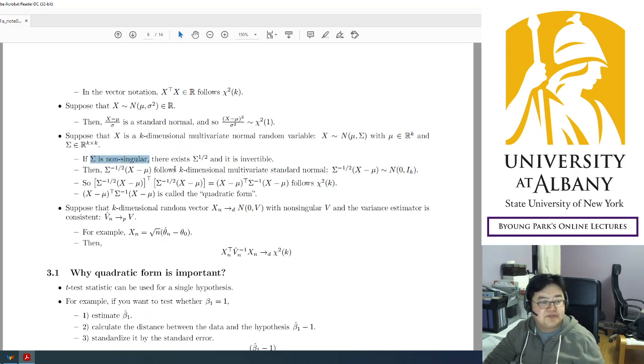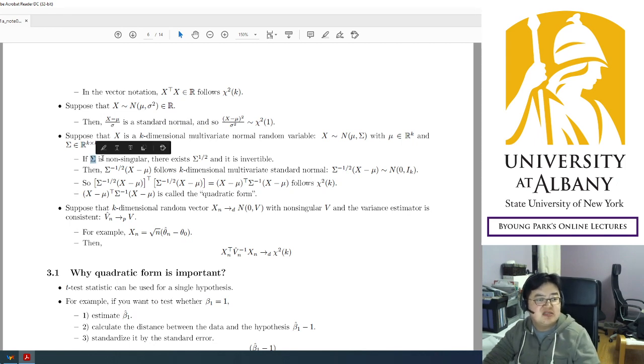In the scalar case, if you interpret this as one number, then non-singularity can be interpreted as non-zero. So if sigma squared is not zero, then you may standardize like this by dividing x minus mu by sigma.